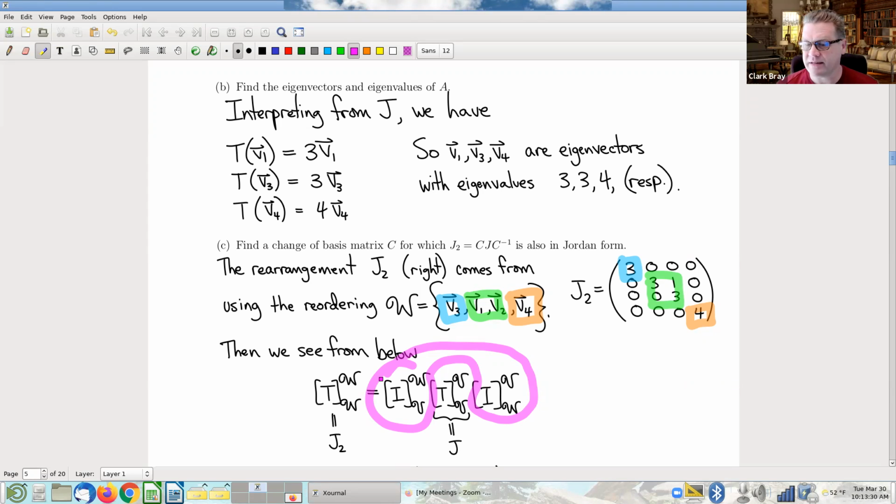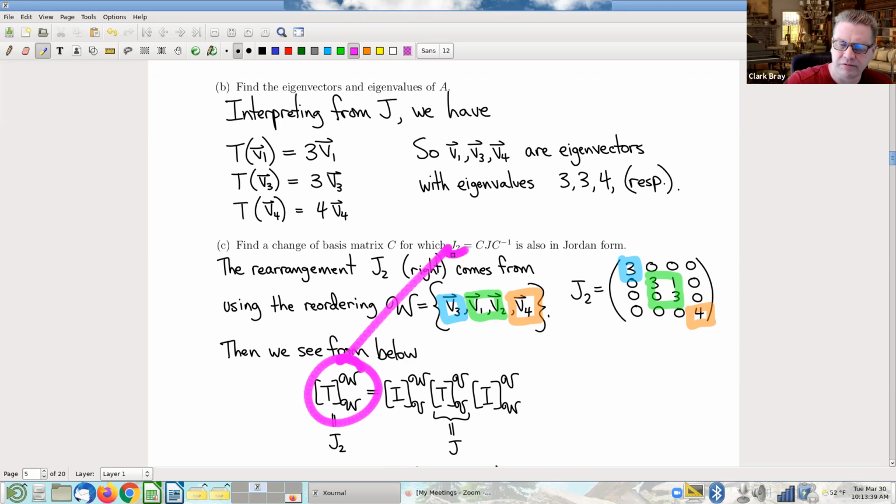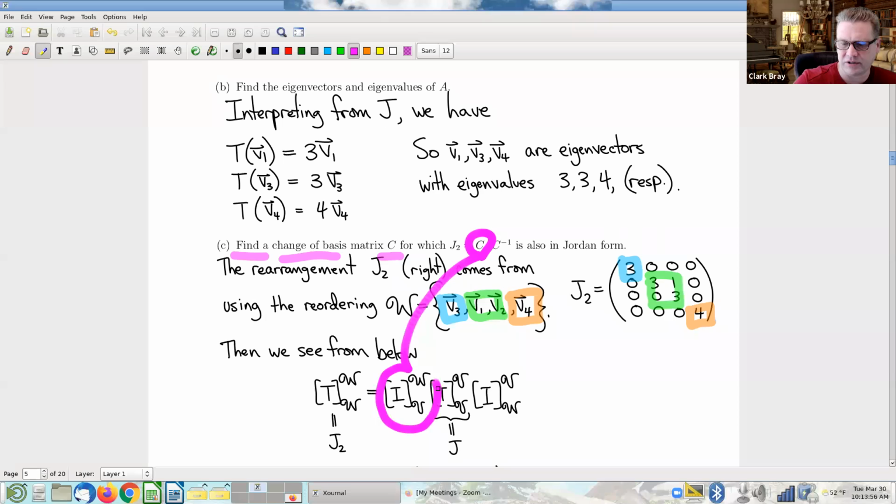Now, having written that down, we have this new matrix, J2, and I do have it written as a conjugation. But the question specifically was to find the change of basis matrix C. That is the matrix on the left in the conjugation, because that's how it was written here.